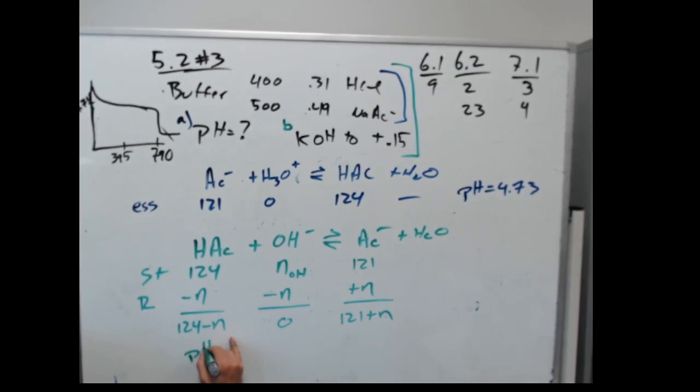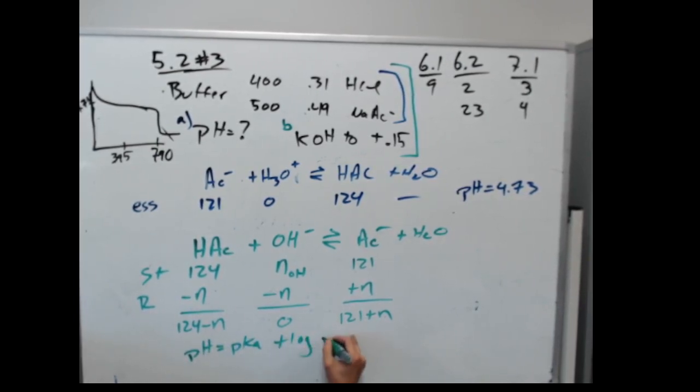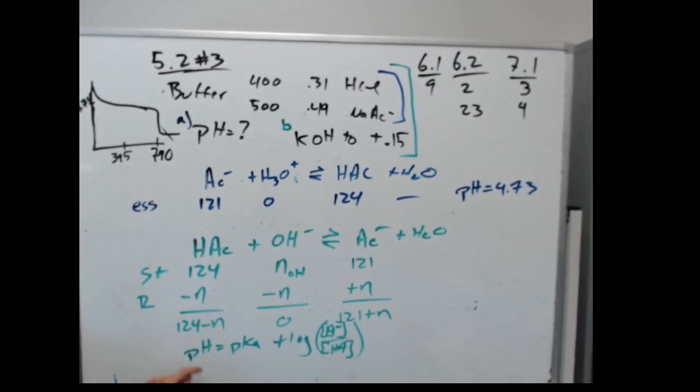I'm still going to end up with pH equals pKa plus log of A minus over HA. And I can plug in my HA and my A minus, because we're using the x is small approximation, which we're allowed to do in the buffer range.